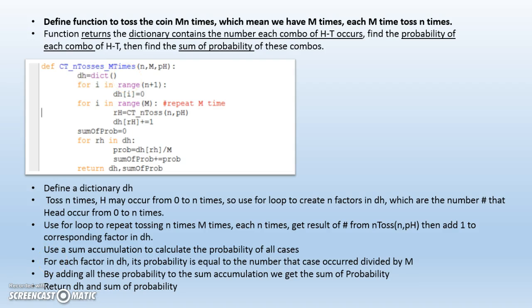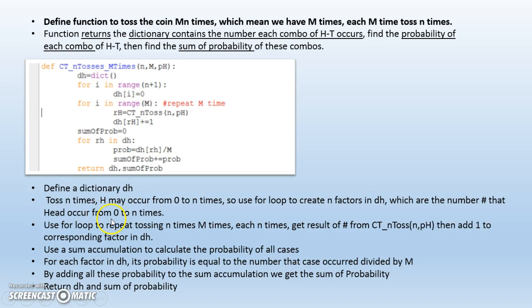When we toss a coin n times, heads will occur from 0 to n times. So here I will use a for loop to create the keys in dh, and each of them is the number of times that the head occurs, from 0 to n.